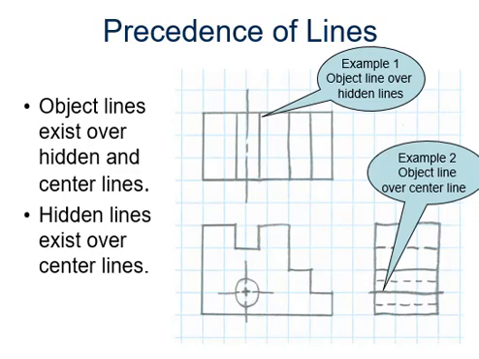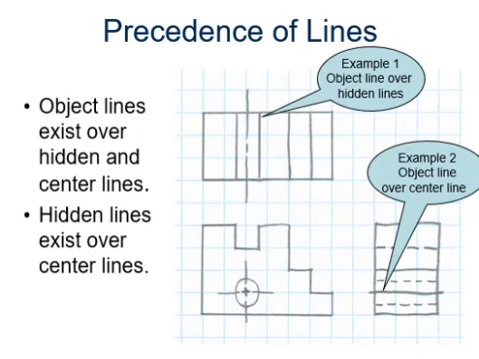In example 1, the object line takes precedence over the hidden lines that you'd see from the hole in example 2. So here's your object line, this one right here, that would also correspond to this hidden line of the edge of that hole. So we don't see the edge of the hole in the top view because this takes precedence.